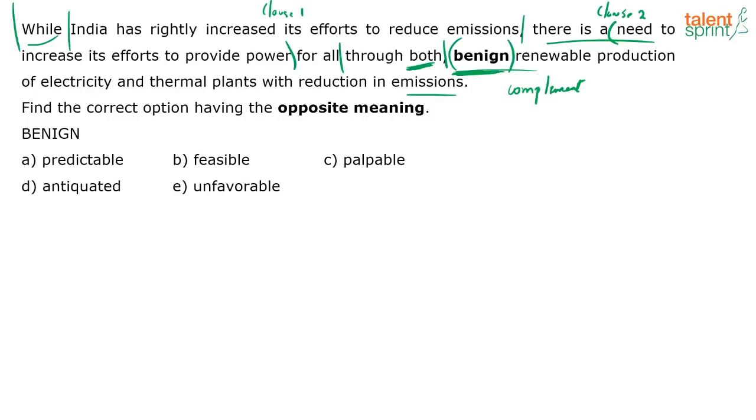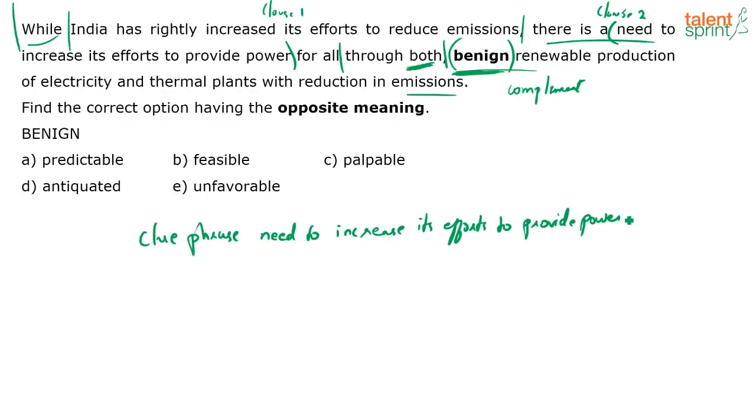Okay. So if I'm saying there is a need to increase its efforts to provide power, is it a positive thing or a negative thing? This is our clue phrase. That's a positive thing or a negative thing? Come on, are you with me? Yeah, positive. Good. So which means if I'm trying to do something positive through both benign renewable production of electricity and thermal plants with reduction in emissions, is benign a positive word or a negative word?